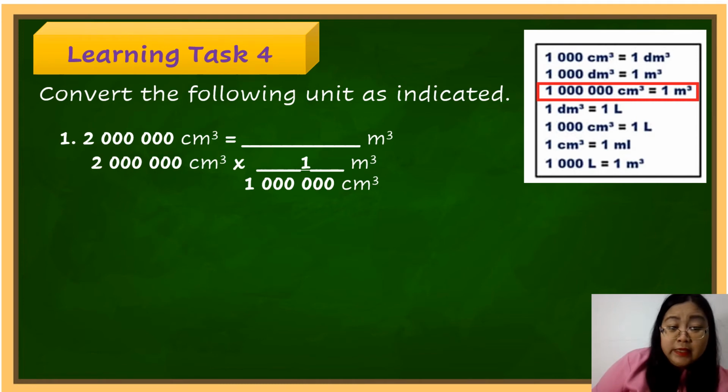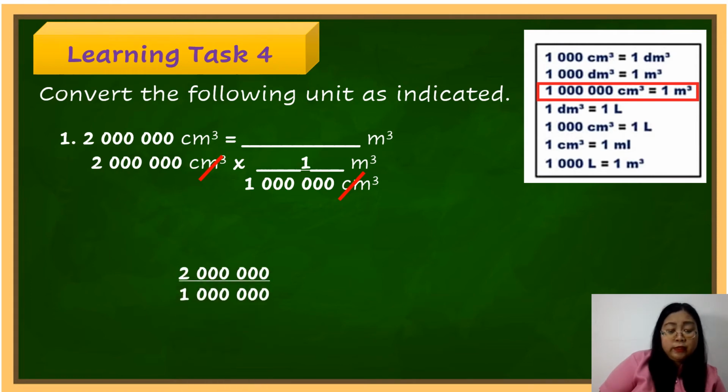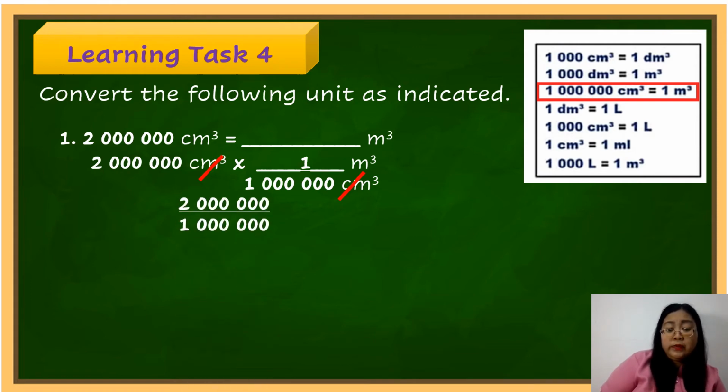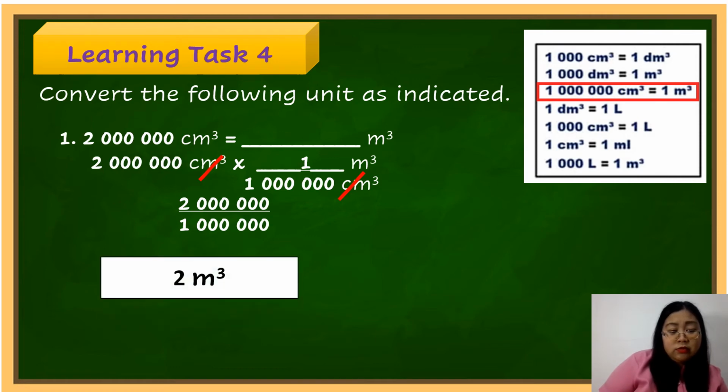2 million cubic centimeter times 1 cubic meter divided by 1 million cubic centimeters is equals to... Okay, let us cancel first the cubic centimeter. And then 2 million times 1 cubic meters is equals to 2 million cubic meter divided by 1 million is equals to 2 cubic meter.